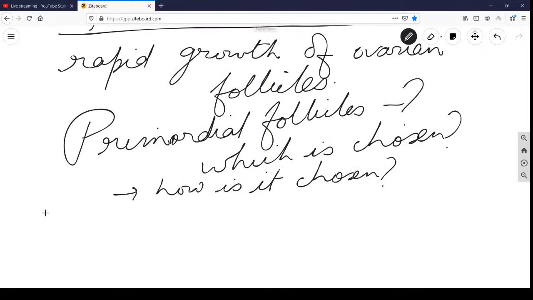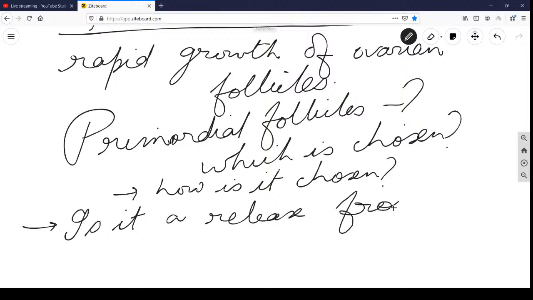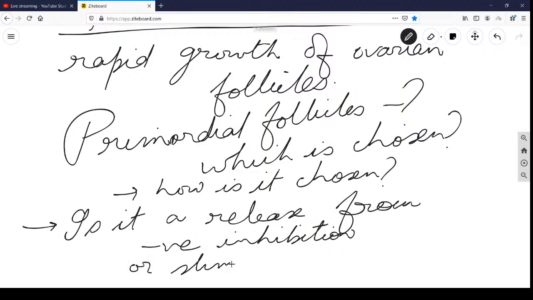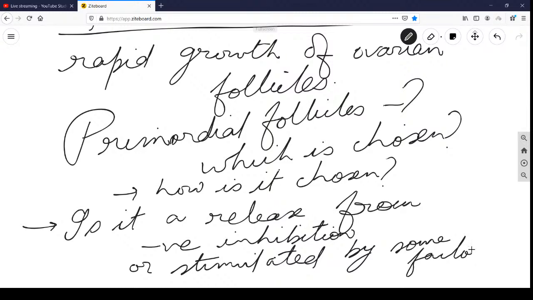Is it a feedback mechanism, or is it a release from negative inhibition, or stimulated by some factors?